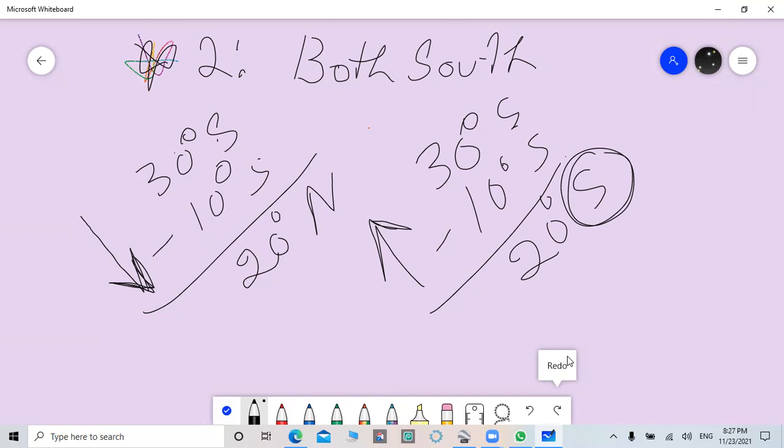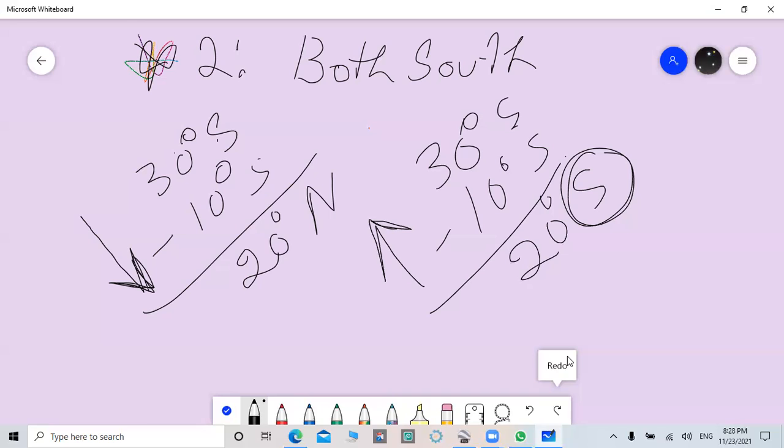So there's a difference. When we're both north, you probably remember, when you go higher to lower, you actually go south. But when both are south and you go higher to lower, you are actually going north.